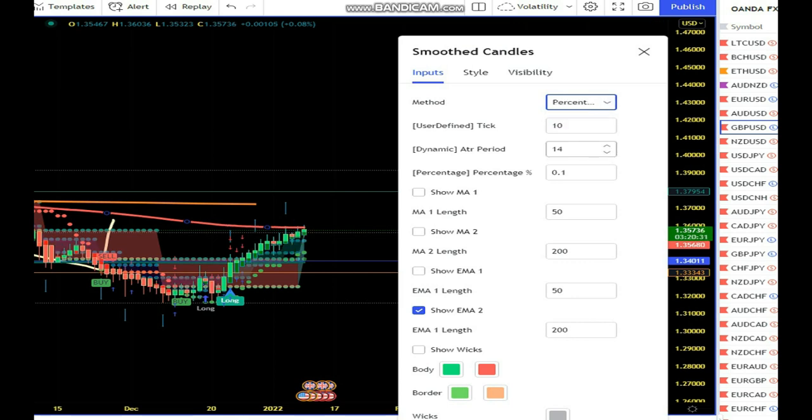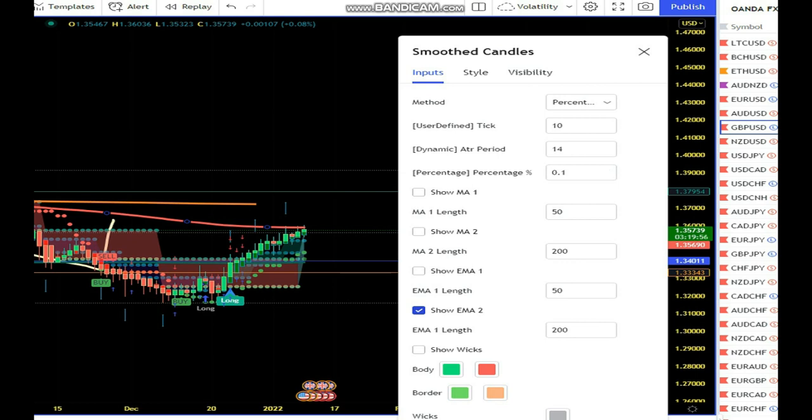Then we see both the Heikin Ashi candles, and at the same time we see 0.1%. Here you have the percentage number, 0.1% change of the color of the candles. Okay, so I put it a little bit more down to 0.1 default. That's showing me best. Then I have just EMA 200 moving average length.